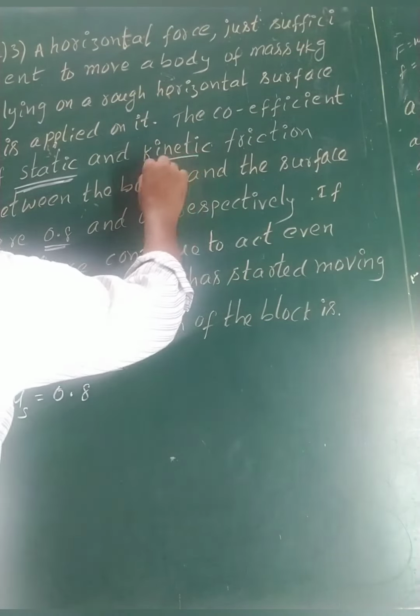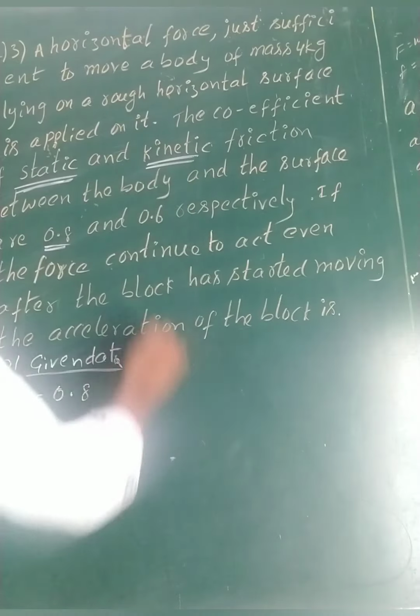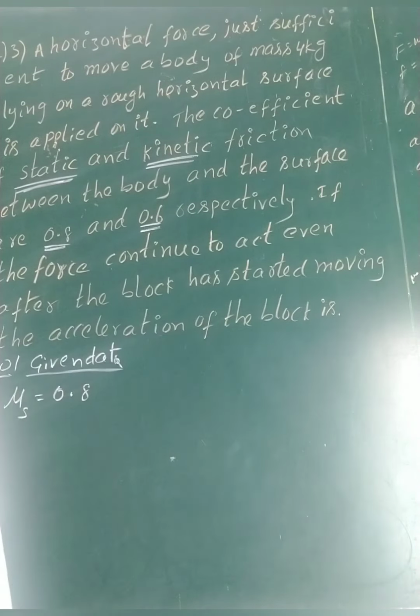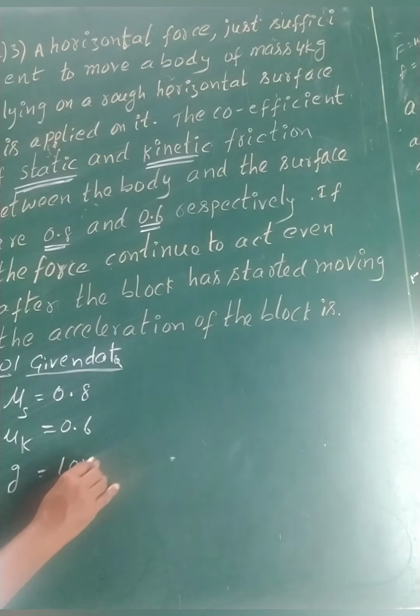Next, coefficient of kinetic friction mu k is 0.6, and g value is 10 meter per second square. It's a constant, remember that.